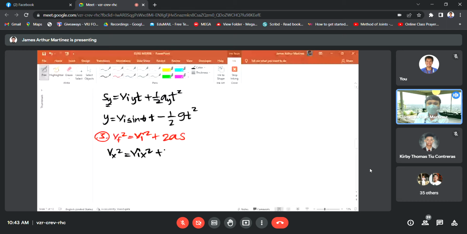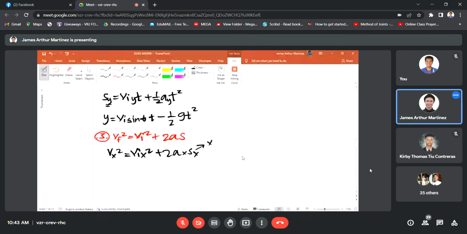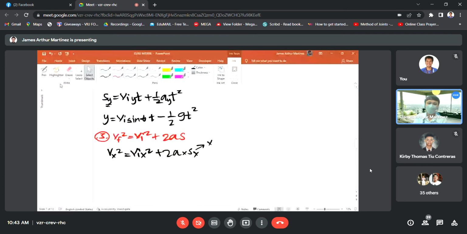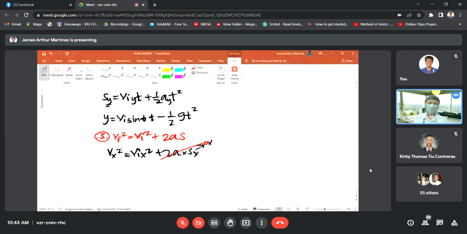So, this will be x lang, no? Sa atong pag-denote earlier, remember? Sx atong i-denote as x na lang. So, anyway, regardless, mag-equal to 0 lang na siya class, since it is multiplied by ax. And our assumption on acceleration on x component of your projectile motion is equal to 0.